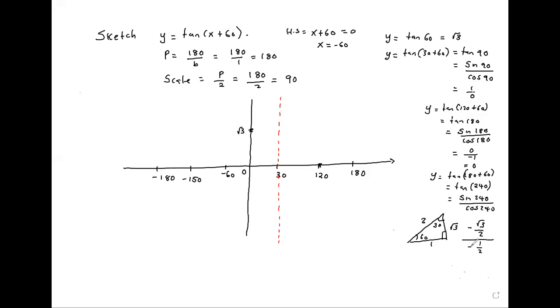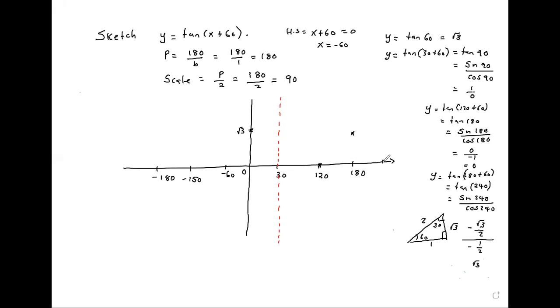When we solve, we get positive √3 there. So I have a point. Meaning that if we added 120 plus 90, we would have gone to another asymptote this side, but now it is beyond the interval, so we have nothing to say at that point.